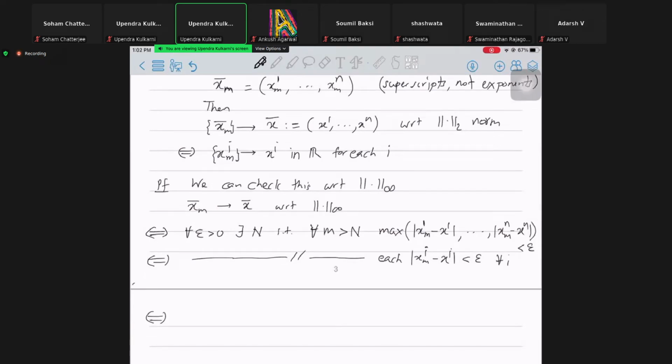But that's exactly the same thing as saying that the limit as m approaches infinity of just these real numbers is equal to x^i. So you see that it is really convenient to use this infinity norm, right? Okay.